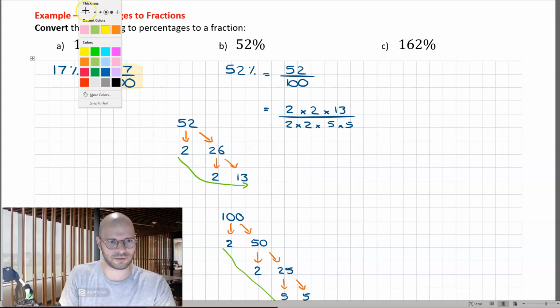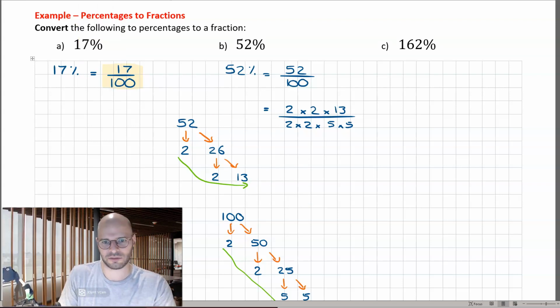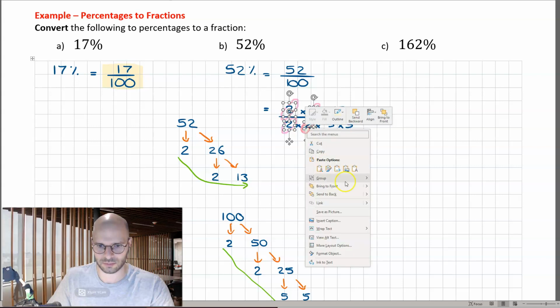Next, we're going to play our favorite game, Keep or Kill. If we see a number or a factor that's both in the numerator and denominator, we're going to kill it. If it's not a double up, then we'll keep it. So we see 2 and 2, it's a double up, so we'll kill. 2 and 2, it's a double up, so we'll kill. Then we've got 13, it's no double up, so we'll keep it. So we're going to cancel out the 2s here.